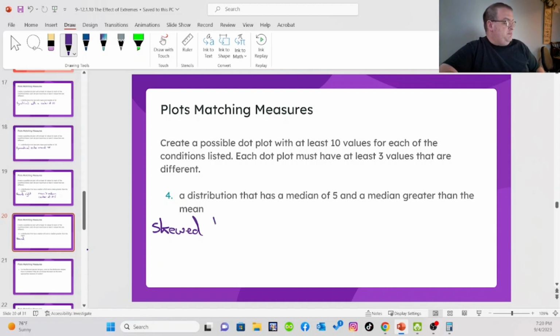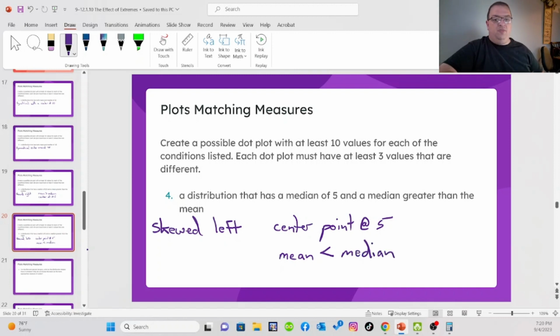So this must be skewed left data. We want center point at 5, and this creates a mean that is less than the median.